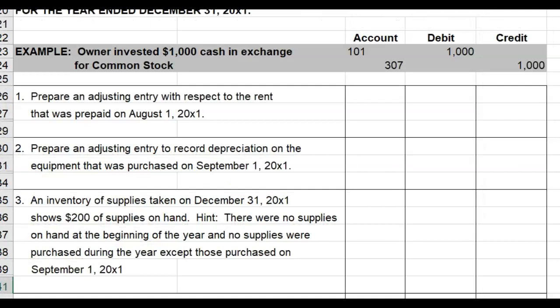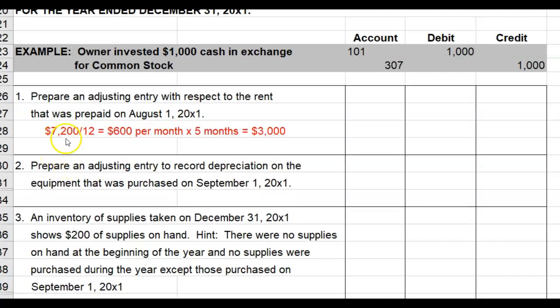So now we have the information we need to calculate how much rent expense we have incurred from August 1st to December 31st, 20X1. We paid $7,200 for 12 months of rent.